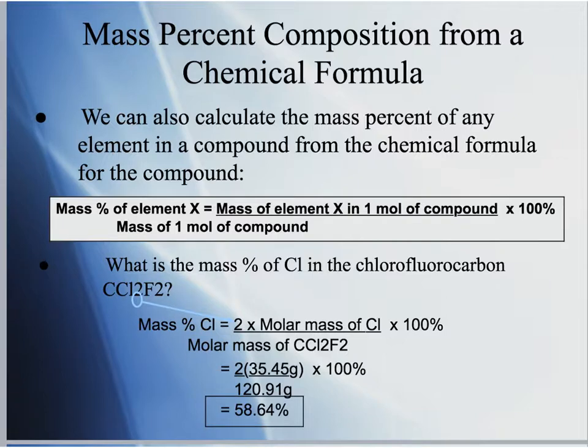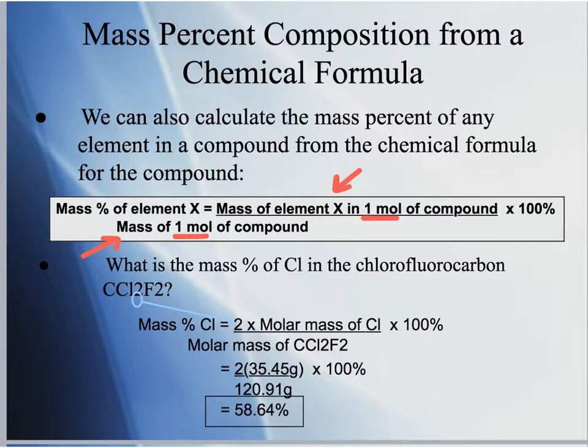So it's kind of like conjoining those two together. So what we'll do here is, to get the mass percent of an element X in a compound, we're going to take the mass of element X in 1 mole of that compound and then divide it by the mass of 1 mole of the compound itself.